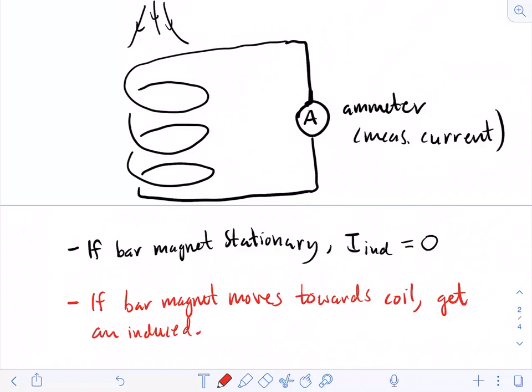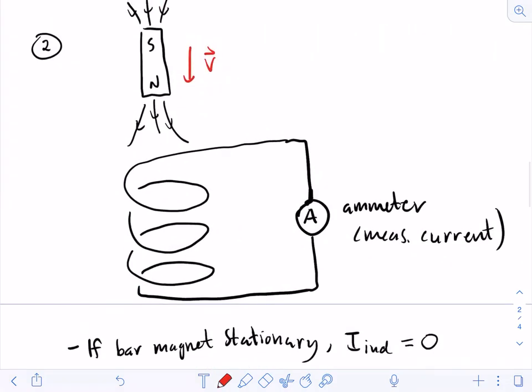So if we are moving the bar magnet towards the coil, we are going to increase the magnetic field through our coil in this direction, right? We're moving the north pole towards our coil. And if we do that, we'll get an induced current that goes around our coil in this sense.